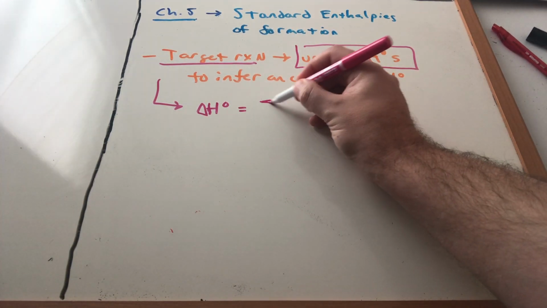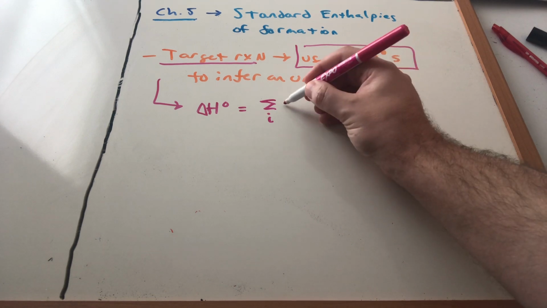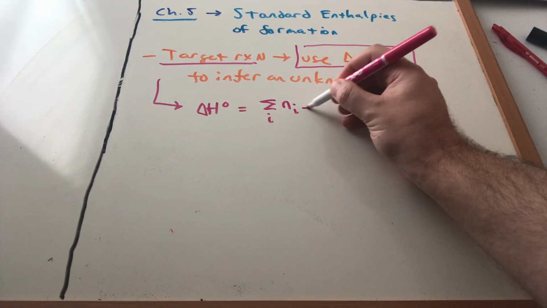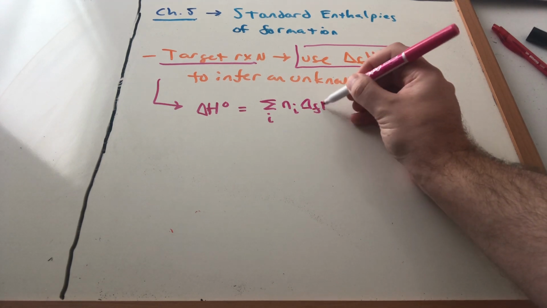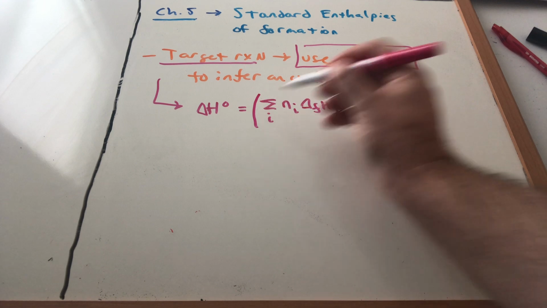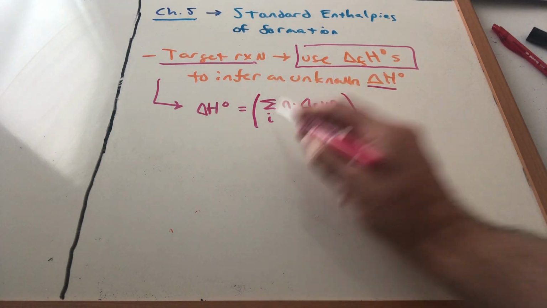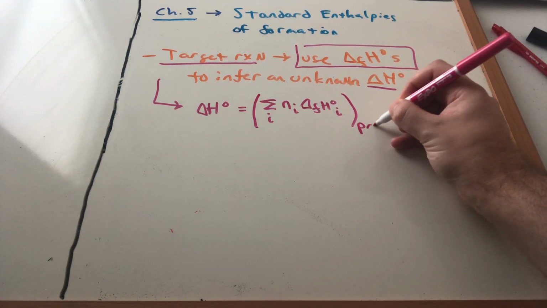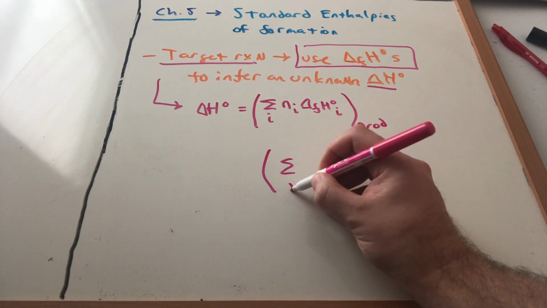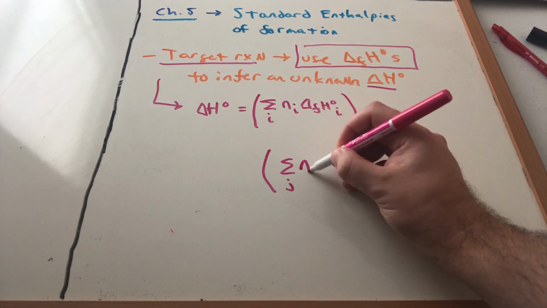You do a sum. And you look at the stoichiometric coefficient associated with each product and the delta formation H naught associated with each product. You multiply those together and sum them up for all your products. You do the exact same sum for your reactants, and I'm just going to change the subscript here.